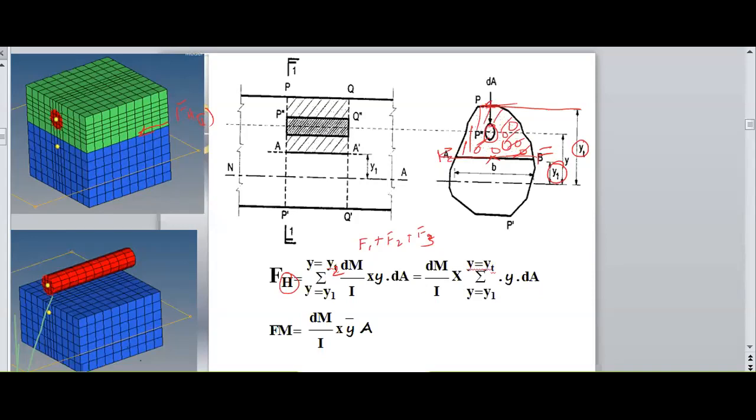So we have studied earlier, sigma of y dA is nothing but y bar into area. We studied earlier that y bar is equal to summation of ai yi by summation of area.